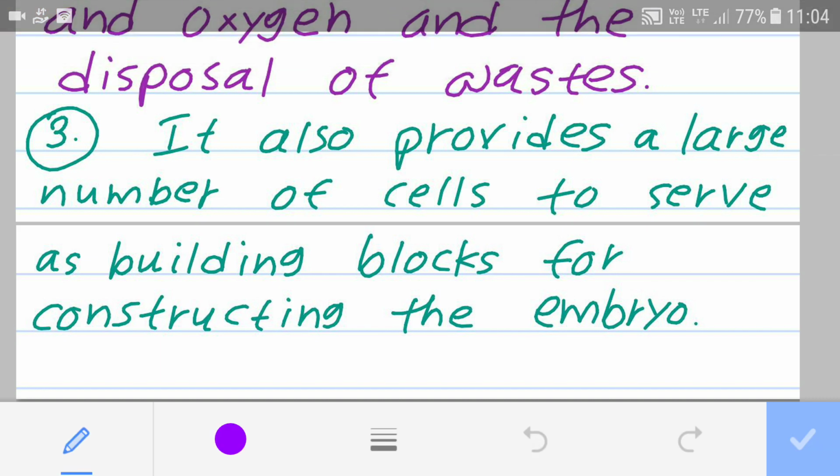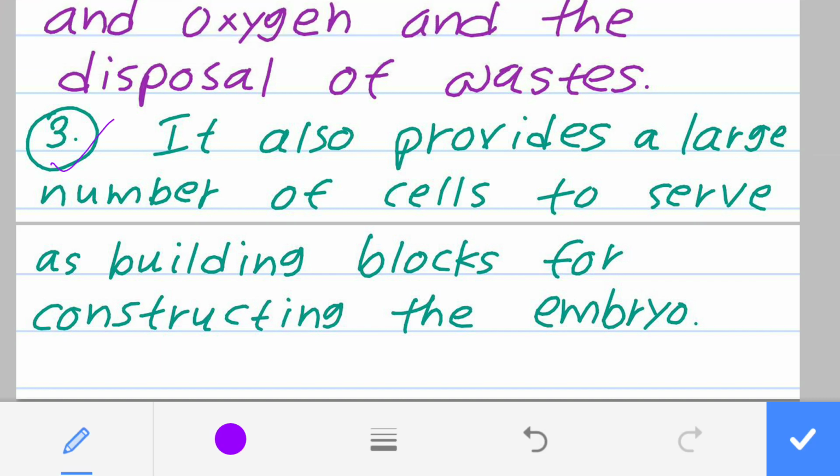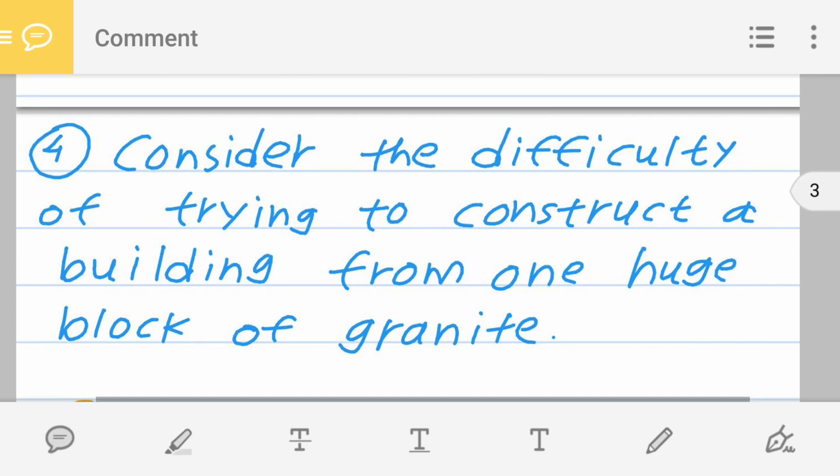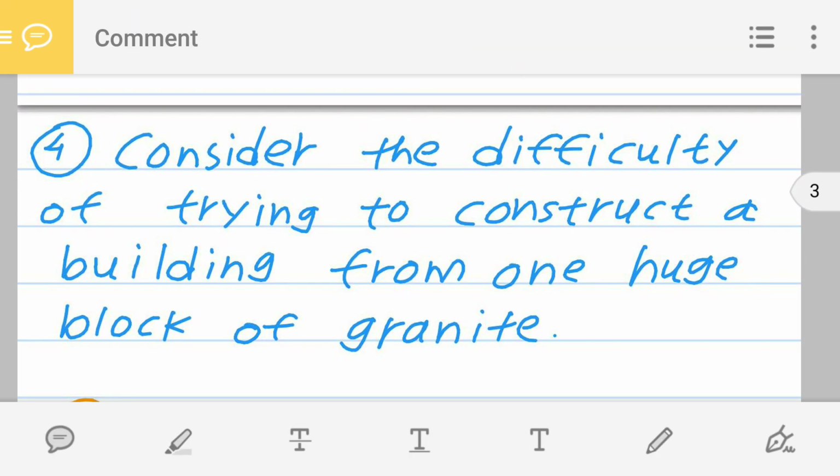So we were discussing this third point, that due to cleavage many cells are produced, and these cells construct the embryo. Now moving forward, this is the fourth point.